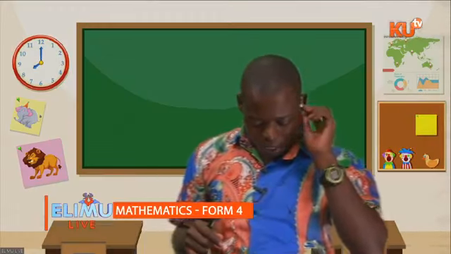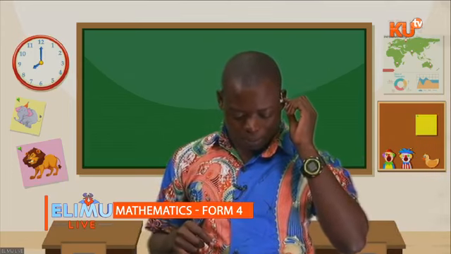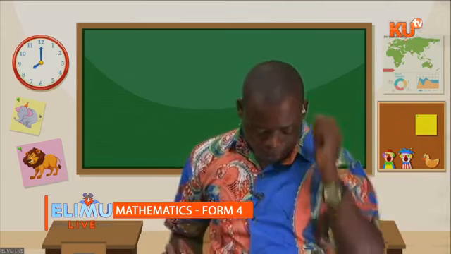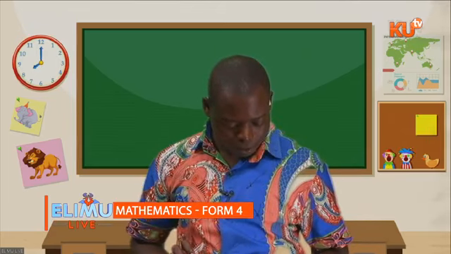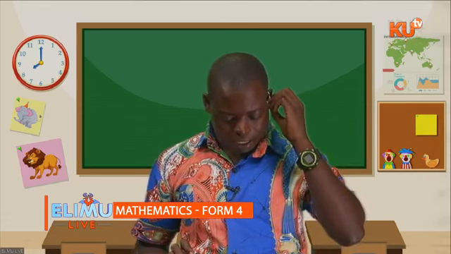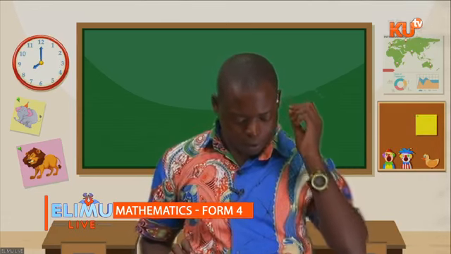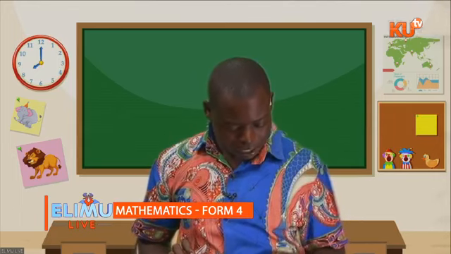We have a student, Boston, who is saying, help me out. When I'm given a scale factor, the image of P, which is 0,2, under an enlargement with scale factor 3 is 4,6. Find the center of enlargement.